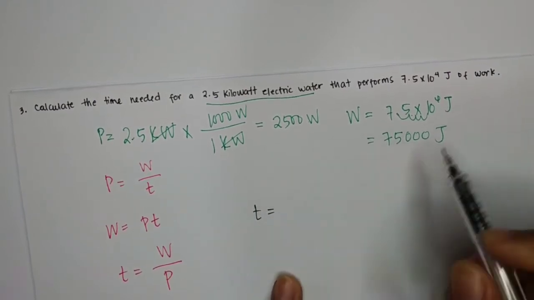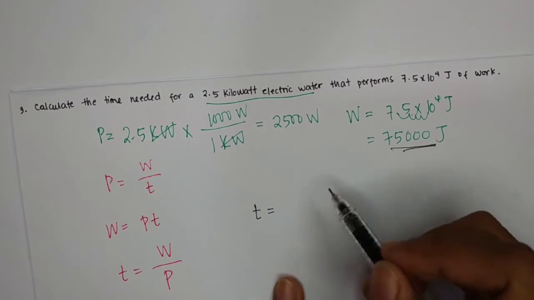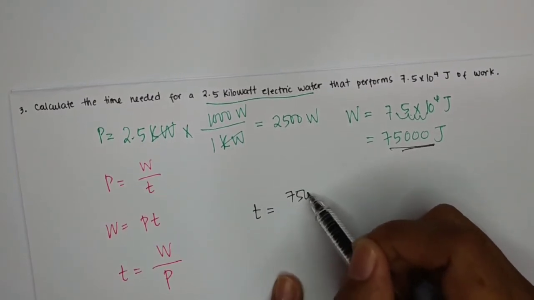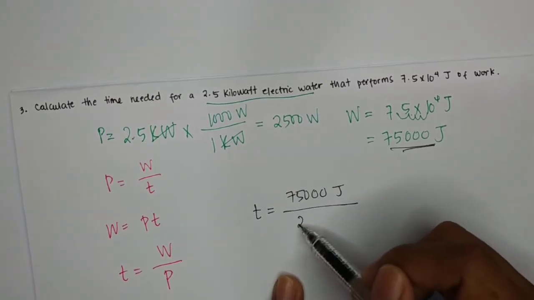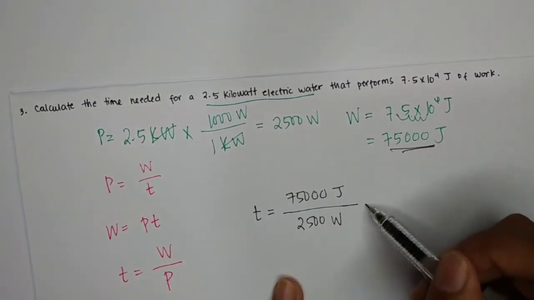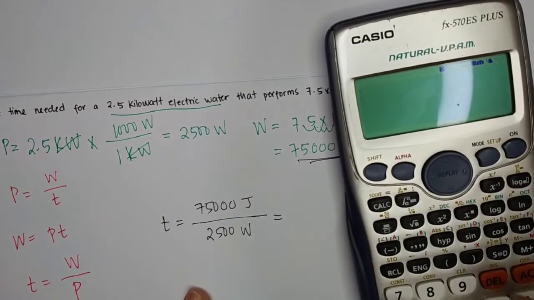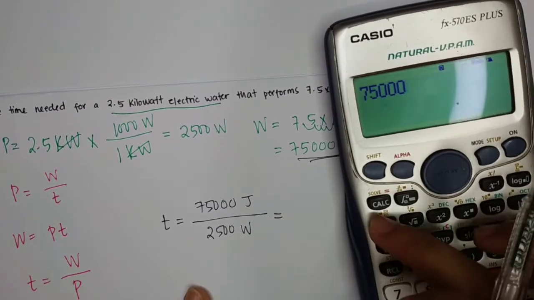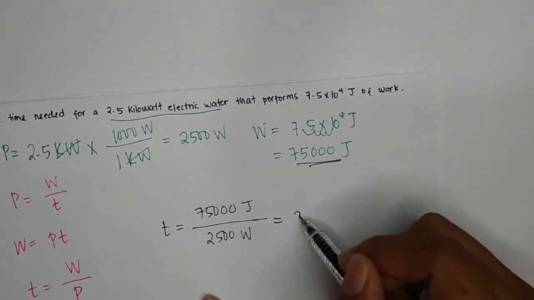Substituting the value of our work done, we have 75,000 joules over our power, 2,500 watts. The unit should be in seconds. 75,000 divided by 2,500 is 30 seconds.